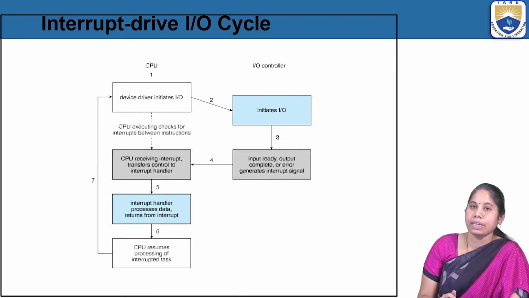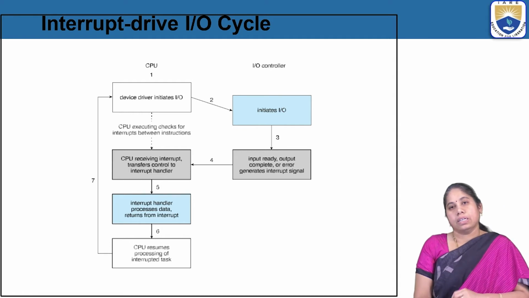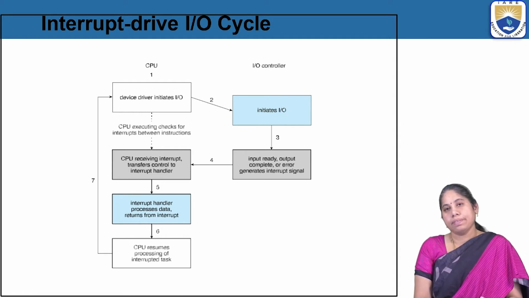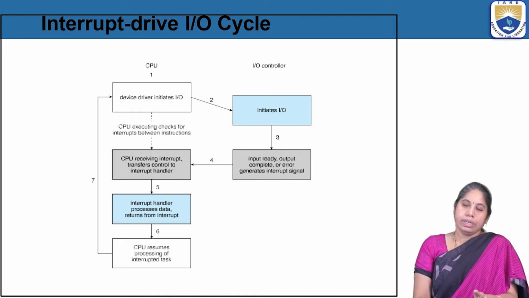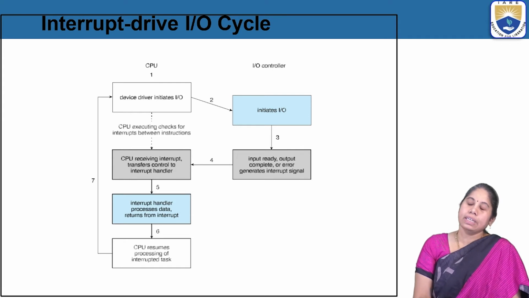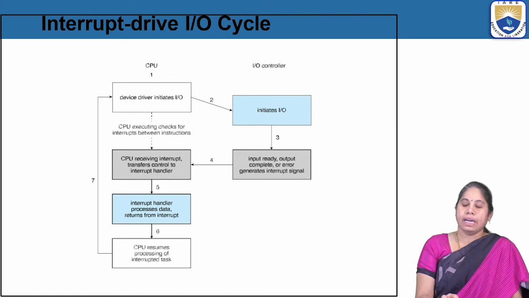This is the interrupt-driven I/O cycle. Suppose an application program doesn't require any input or output, then it doesn't require any interrupts, right? If it requires interaction with other devices, then this is the picture, and this is the way it will be handled.